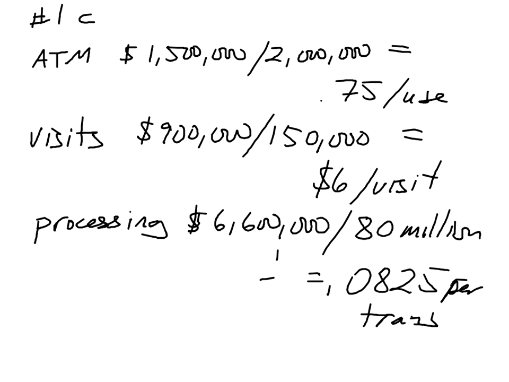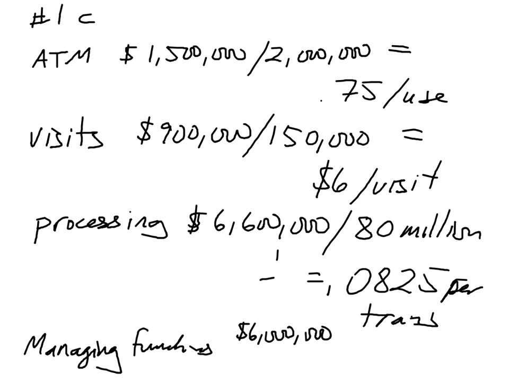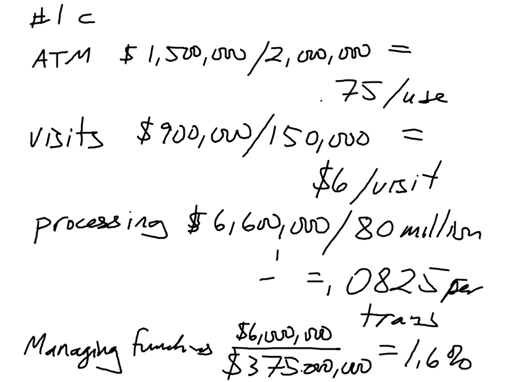And then finally we have managing functions. So this one's going to be a percentage. It cost a total of $6 million to manage 375 million in deposits. So that's going to give us 1.6% cost.